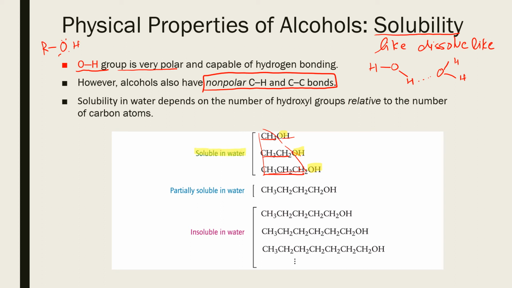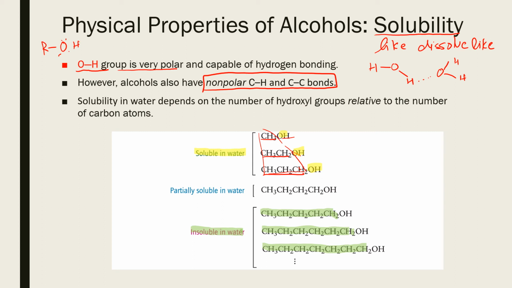In case we have alcohols which have a significantly large number of carbon-carbon atoms and carbon-hydrogen atoms, then these alcohols should be insoluble. So any alcohol with a carbon chain of more than 5 carbons, as shown here, has a significantly large amount of non-polar part, hence they all will be insoluble in water.